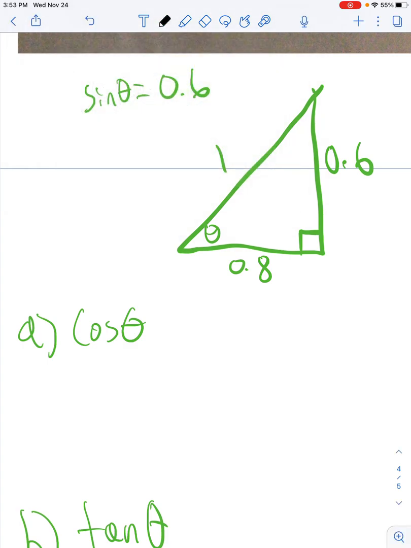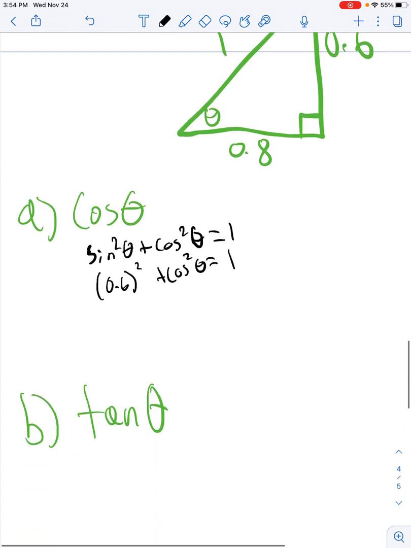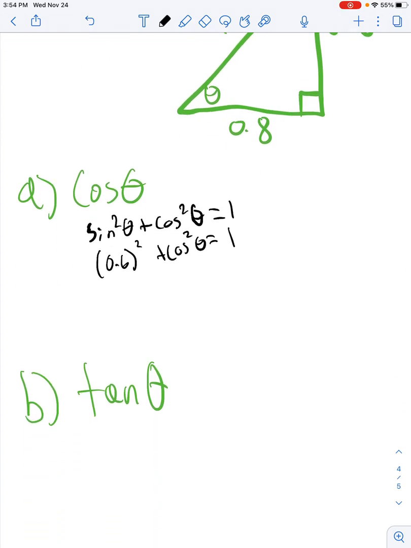So I've got sine squared plus cosine squared theta equals 1. I'm going to plug in this sine theta that I was given: 0.6 squared plus cosine squared theta equals 1. Subtract that on both sides, so minus 0.6 squared.